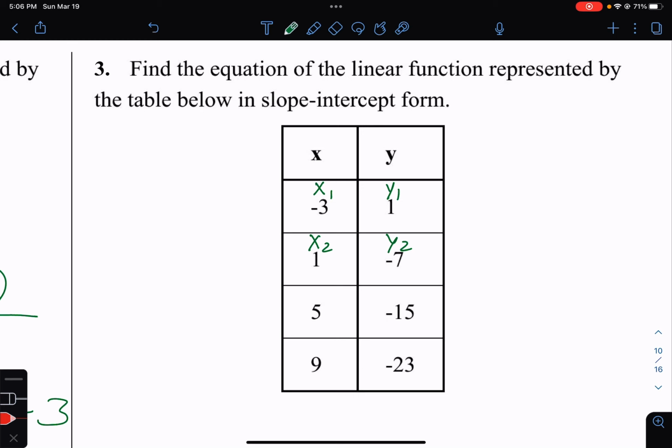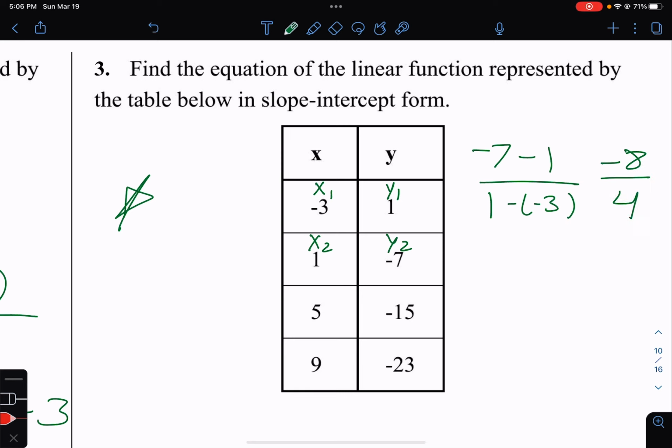Calculate the slope here. To calculate the slope, we're going to do y2 minus y1 all over x2 minus x1. So we get negative 8 over 4, which is going to give us negative 2.